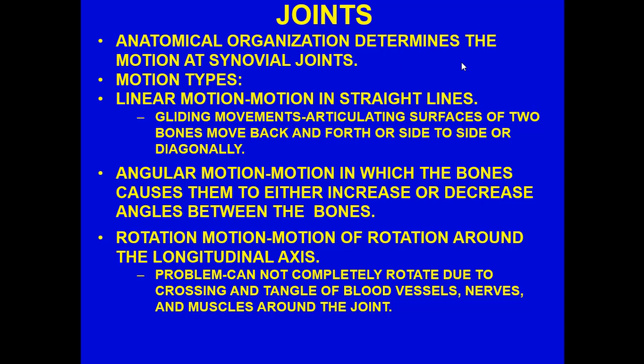Rotational motion is the motion of rotation around a longitudinal axis. Now, the problem is you cannot completely rotate due to crossing and tangling of blood vessels, nerves, and muscles around that joint. So the way to put it is this simply. When I was growing up, like we all were, at one point we would have action figures. For young ladies, they might call them dolls, Barbie and things like that.